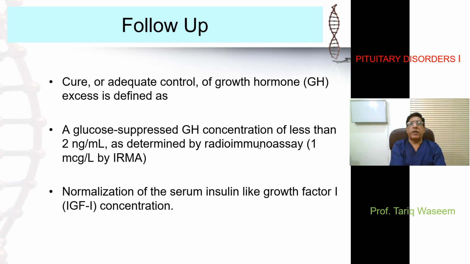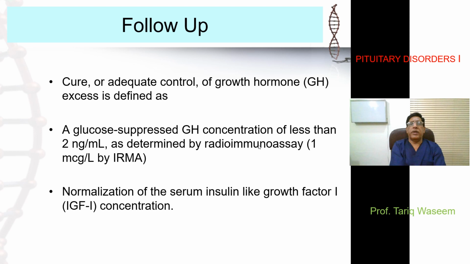Once you have treated these patients, you check whether they have responded. You follow them up. Cure or adequate control of growth hormone excess is defined, after you have operated on them, as a glucose-suppressed growth hormone concentration of less than 2 nanograms per ml.